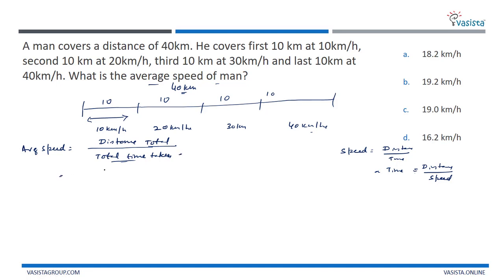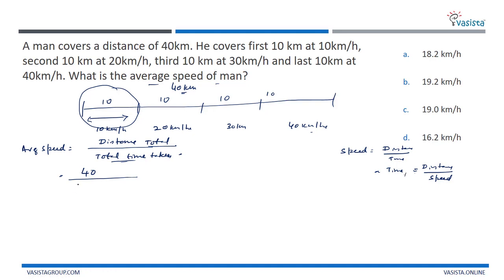So total distance traveled is 40, divided by total time taken. First I will take this part, to cover 10, the total time. See, this is time 1. Time 1 is distance 1 by speed 1.